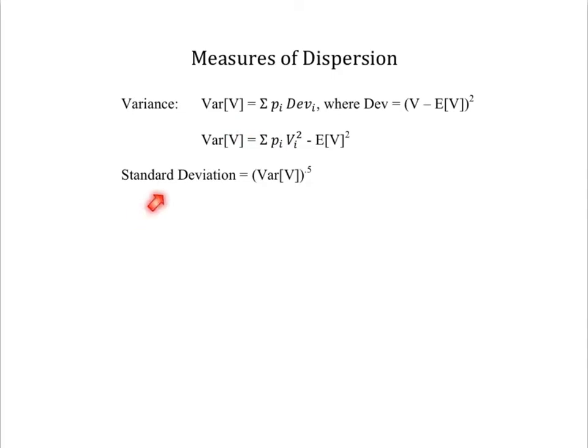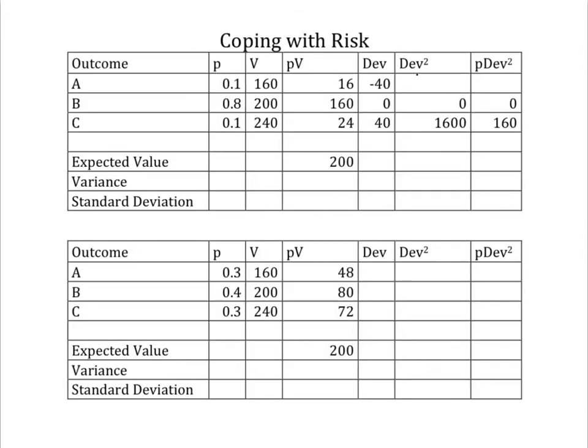Or we use the standard deviation, which is the square root of the variance. It has the attractive feature of being measured in the same units as the expected value, that is, the values of each potential outcome.